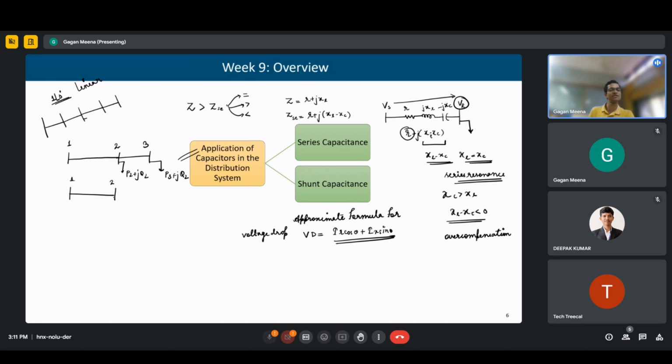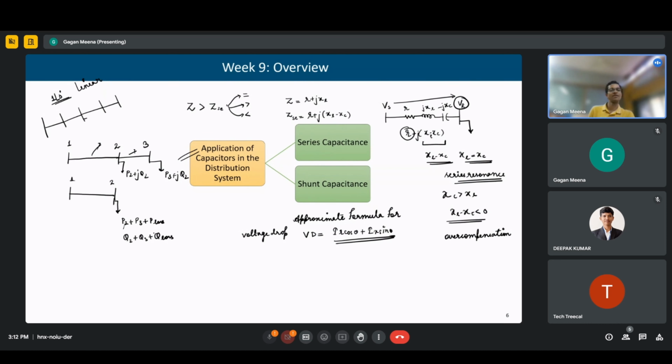So the equivalent for this will be the summation of all P's beyond this branch. So it will be P2 plus P3 plus losses in this branch. Similarly, Q2 plus Q3 plus Q loss.